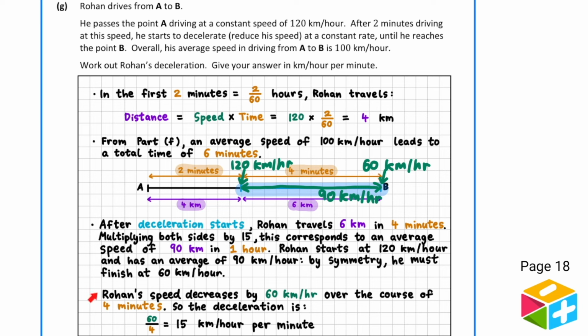This represents a decrease of 60 kilometers per hour. To find the deceleration per minute, we should divide 60 by 4. This brings us to our final answer of 15 kilometers per hour per minute.